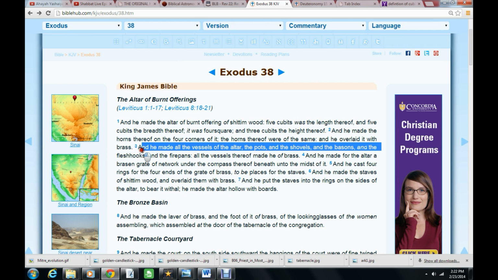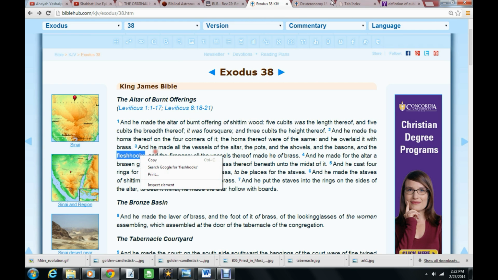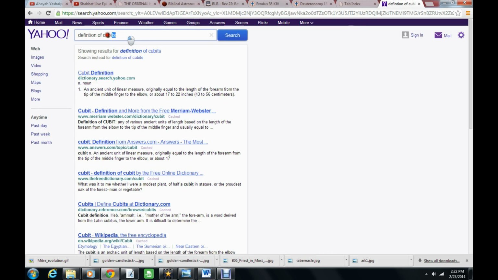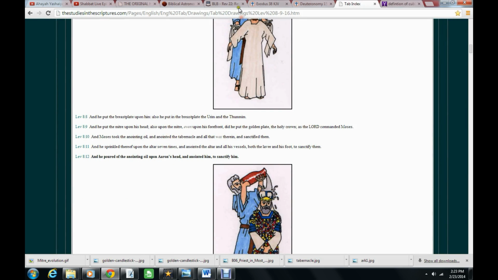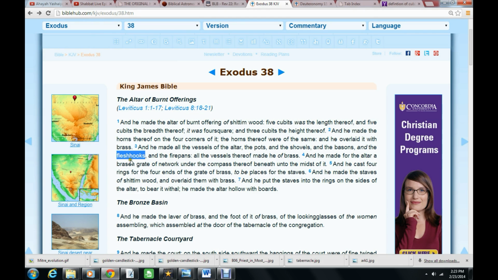Let's see what is a flesh hook real quick. I'm thinking it's a hook, like a hook for a fish, but I don't want to assume. You can be wrong, you know. Let me go back. Bada bing, bada boom. Flesh hooks.